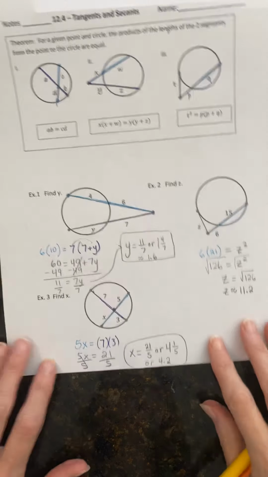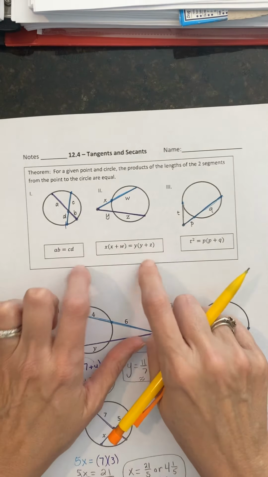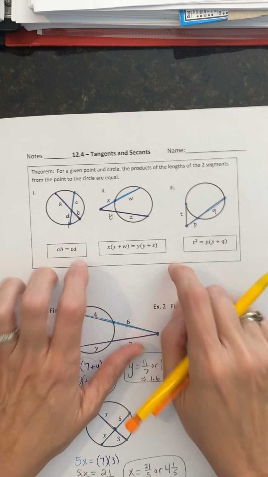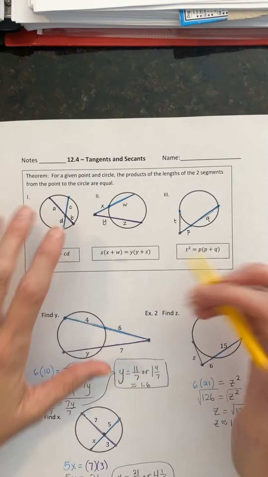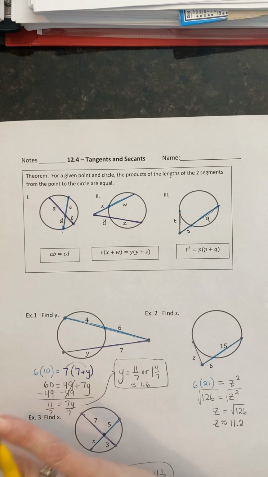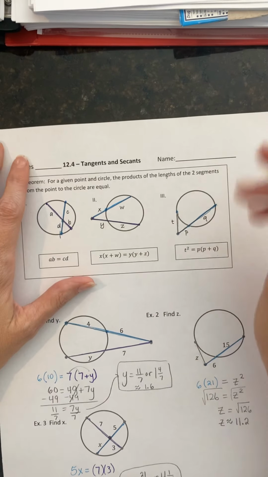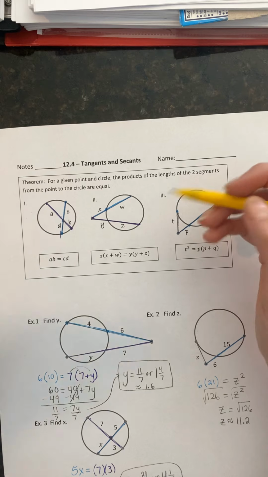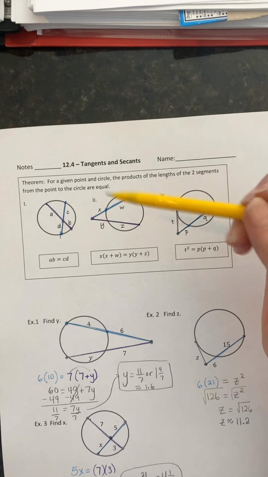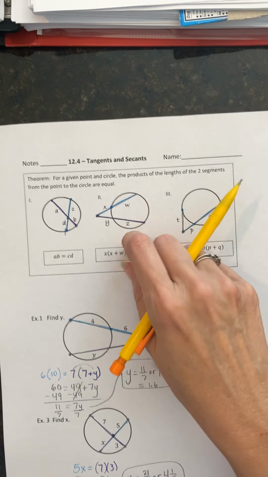All right, so that is how to do the segment problems. These rules are pretty tough to remember. If you do a little practice with this and then take a few months off and come back and look at it, these are rules that a lot of people forget. You just don't use them a whole lot. So for that reason, I would keep them for the year.